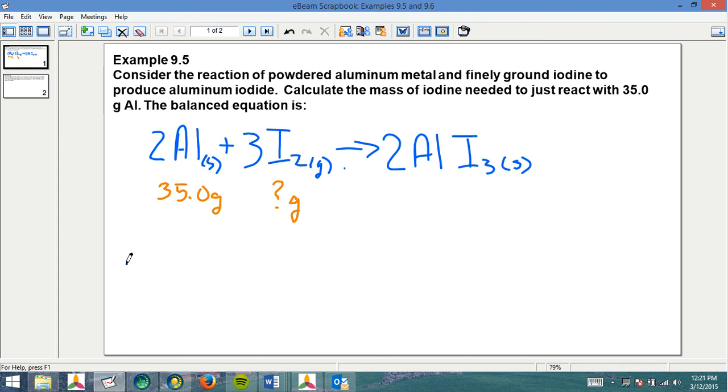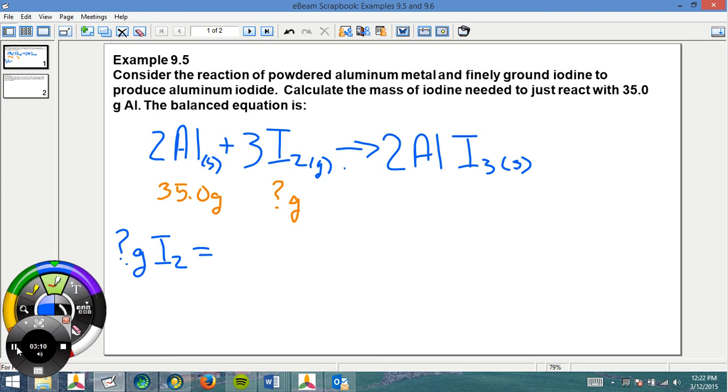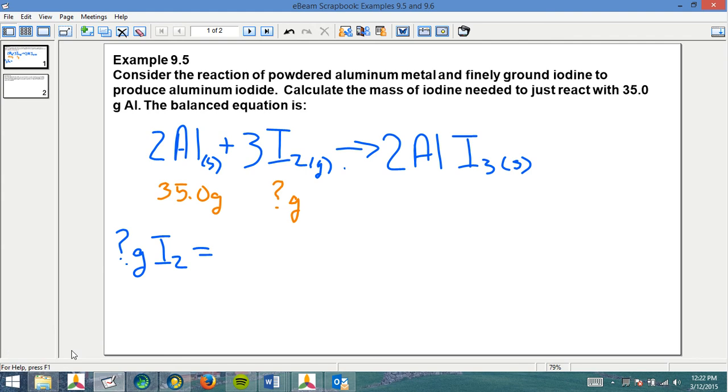So in order to find grams of iodine, which is what I'm looking for, I'm going to put question mark grams of I2 equals, and then I'm going to put down what we're starting with, which is 35.0 grams of aluminum.